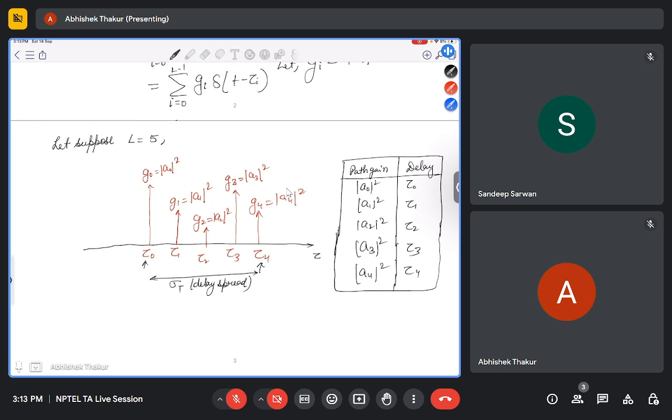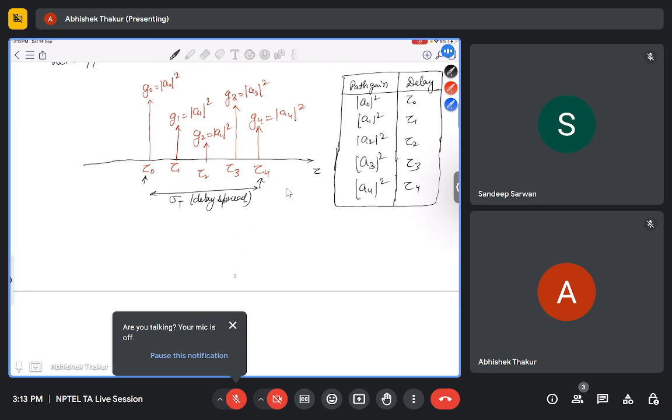The complete delay spread, let's denote it by sigma_t. The delay spread of a wireless channel is a key parameter that characterizes the nature of the wireless environment and is denoted by the parameter sigma_t. We now have to compute the delay spread parameter sigma_t of the wireless channel.